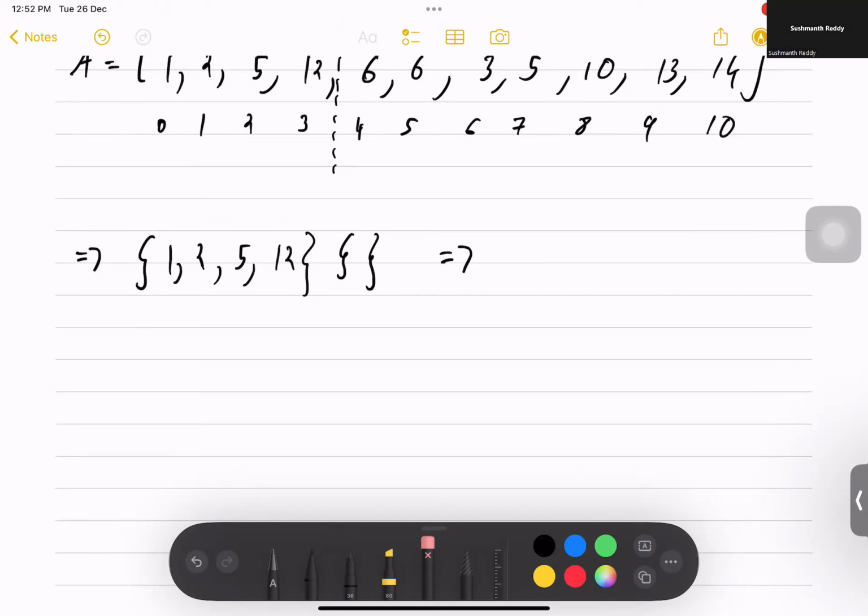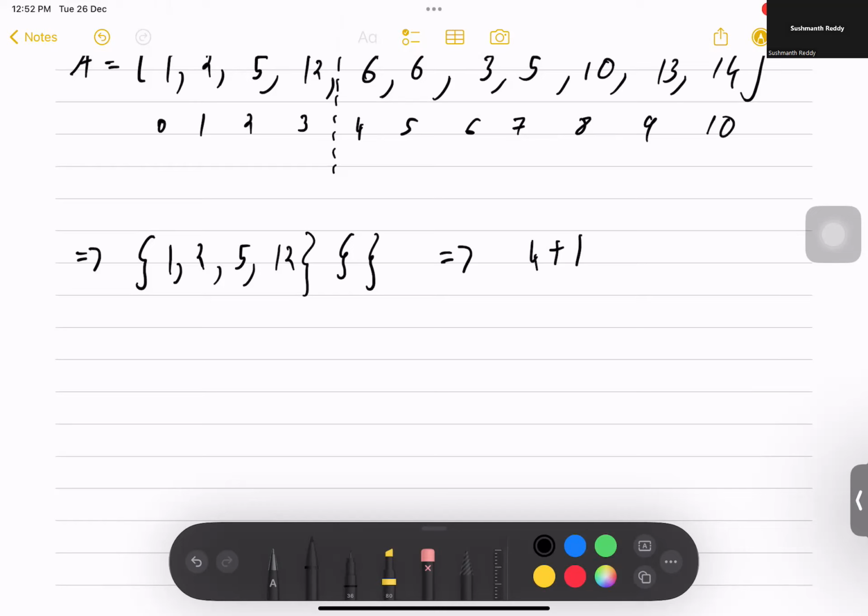So the number of prefixes which will satisfy is 4 plus 1. We do plus 1 because we should even include the empty prefix, because we can even remove the complete array, since the complete array is also a subarray of the given array. So in total there are 4 plus 1 choices.